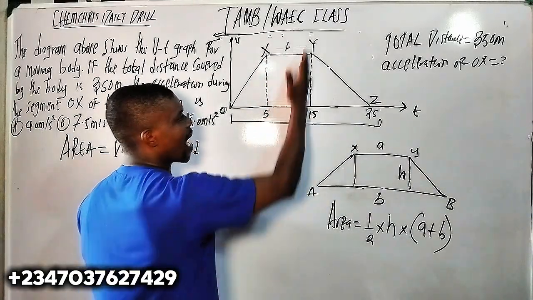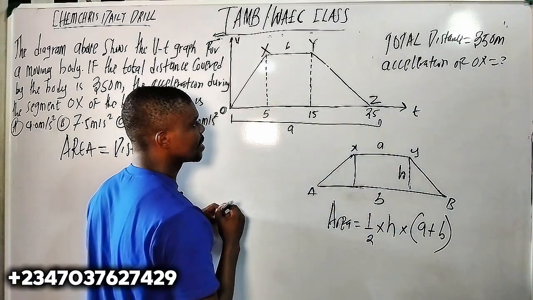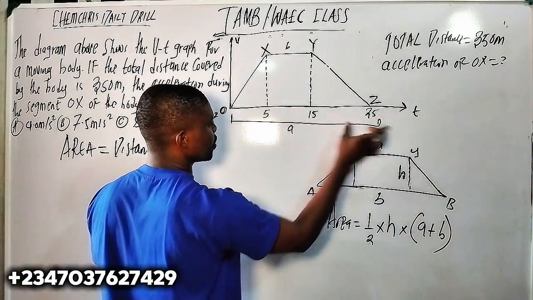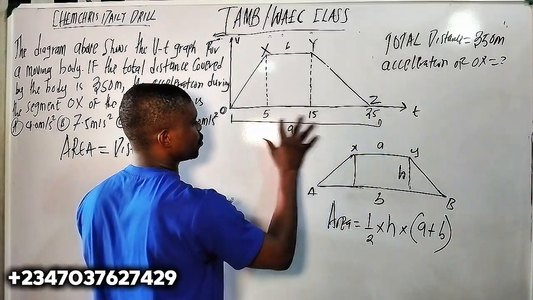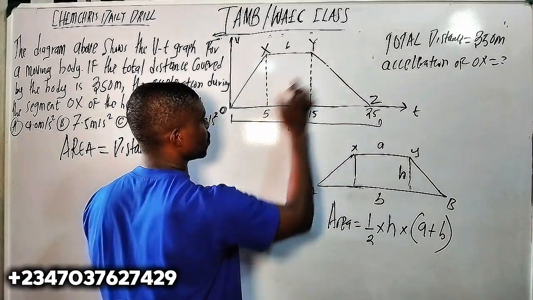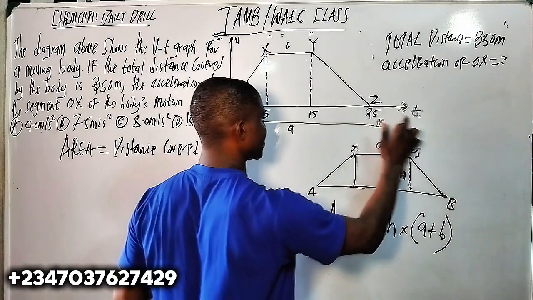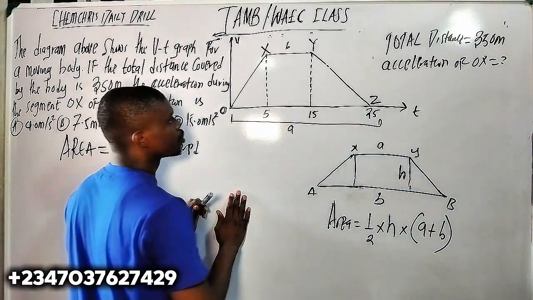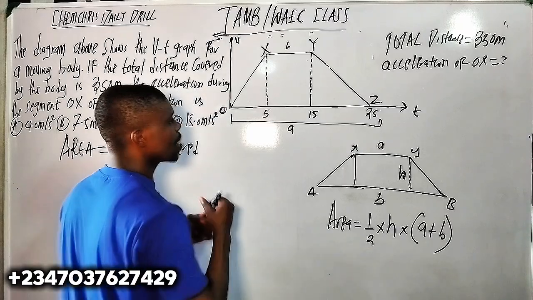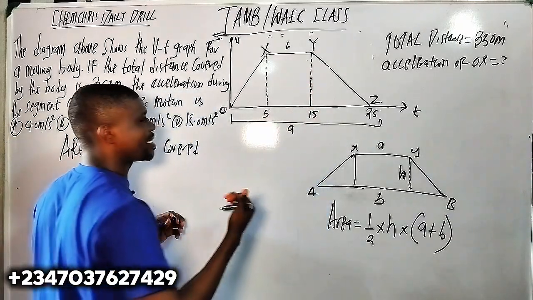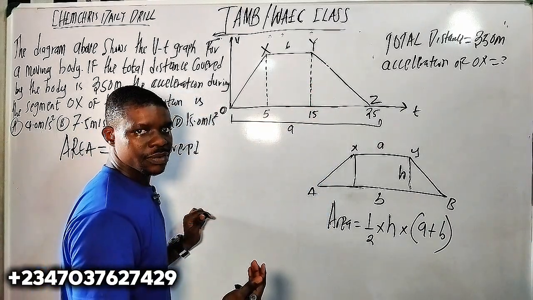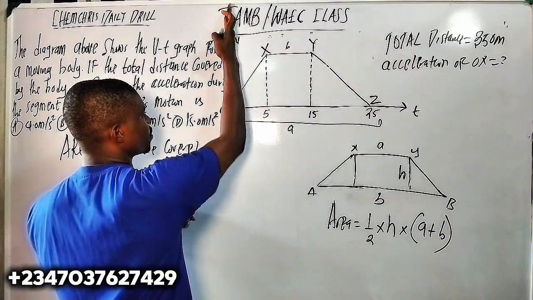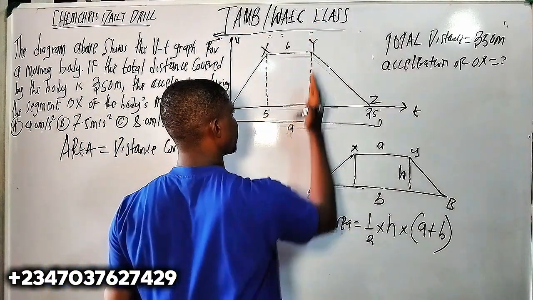Now here we have the height. From here to here is the time, because if you move along the horizontal side, it is the time taken. The height is the velocity, because if you look at this one here, this is velocity.